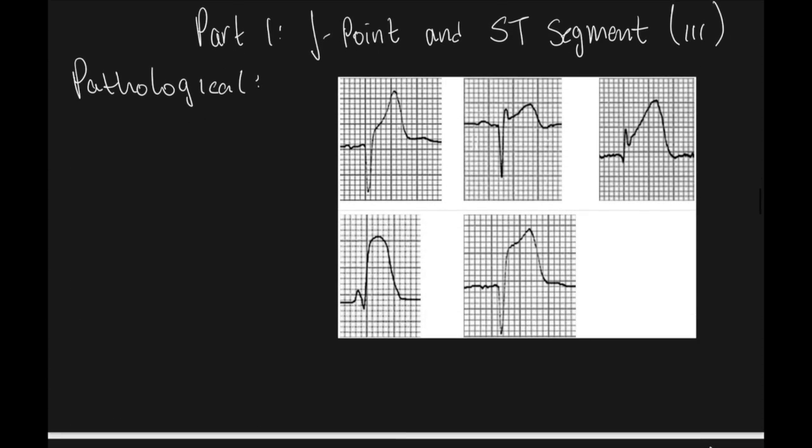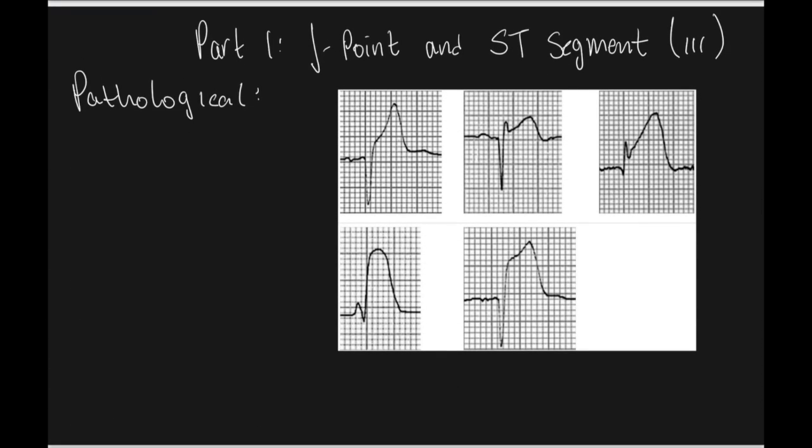One of the pathological findings of the J point is elevation. Remember, that's measured at the J point. And there are a lot of reasons why elevation may occur, but there are definitely numbers that we need to memorize if we're going to look at elevation and consider it, say for instance, a STEMI, or if it's pathological.